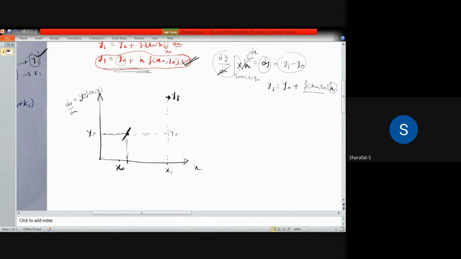That is the meaning of Euler's equation. So let's say your slope is something like this, and you add it to y0 and you will get this value.